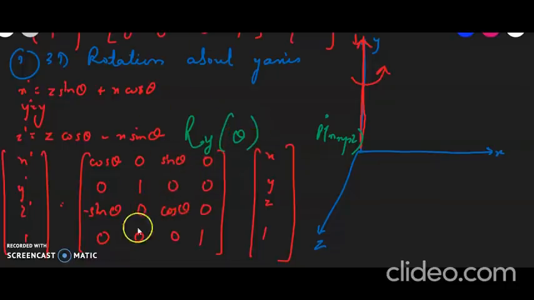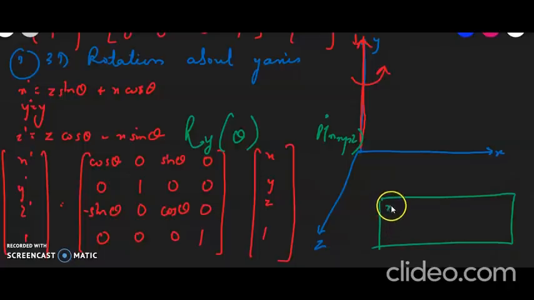So these are your three rotation matrices. Please do remember the formula is only one. It is x dash is equal to x cos theta minus y sin theta, and y dash is equal to x sin theta plus y cos theta. What you need to do, students, is whenever I'm talking about whichever plane, you need to change these coordinates accordingly.